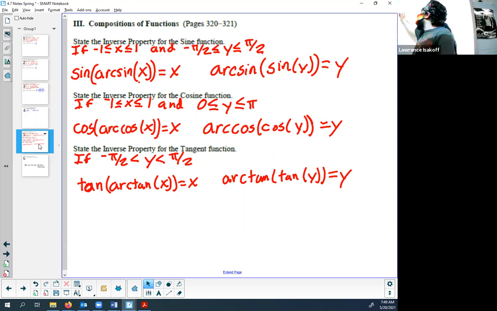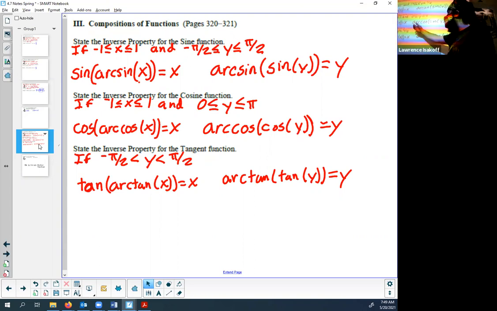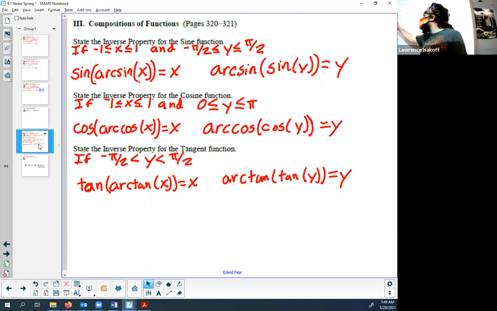For the first group, this x value just has to be between -1 and 1. For this group, my y value has to be between here, technically, for these properties to work. But all they're saying here is cosine undoes arc cosine, same with sine and arc sine, same with tangent and arc tangent.